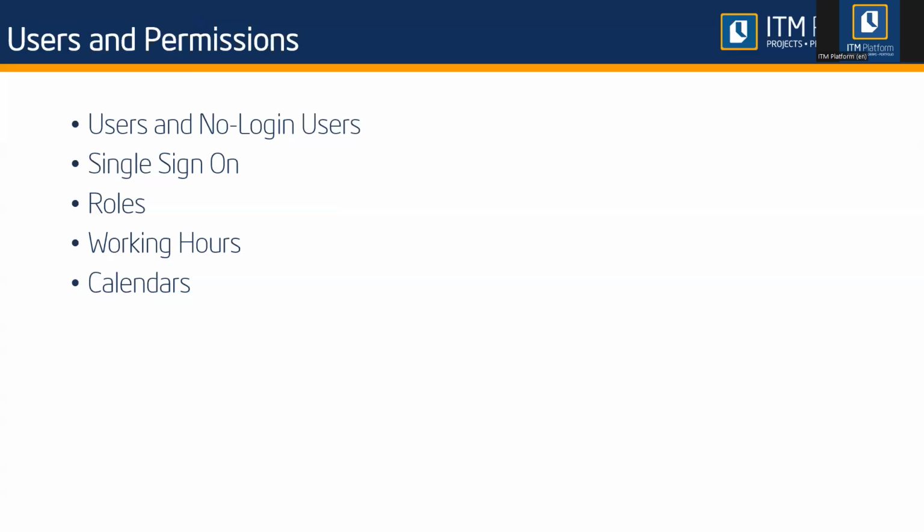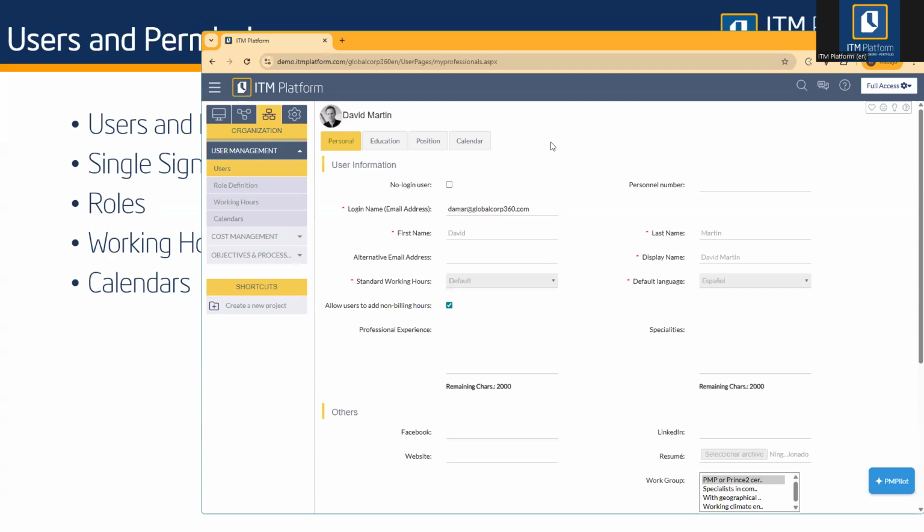For example, if you use Microsoft 365 or another type of Okta, you can have this other system provide you with the signing process and then automatically sign in into ITM Platform. If that is the case, we recommend you follow the guidelines provided in the Help Center. We have a very useful article that explains in a lot of detail how to configure this single sign-on experience.